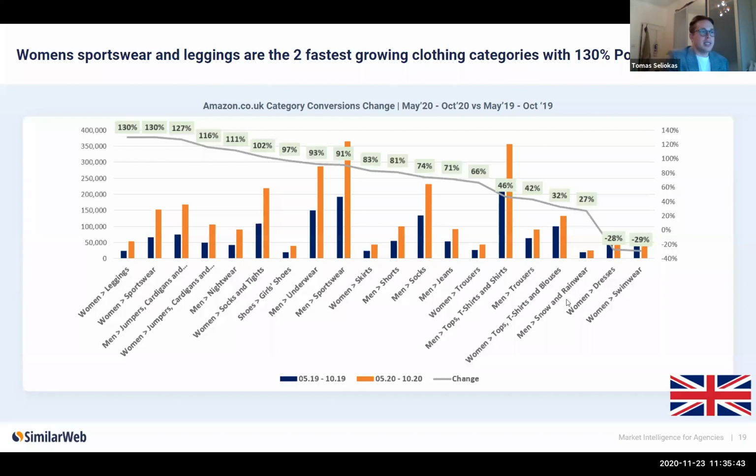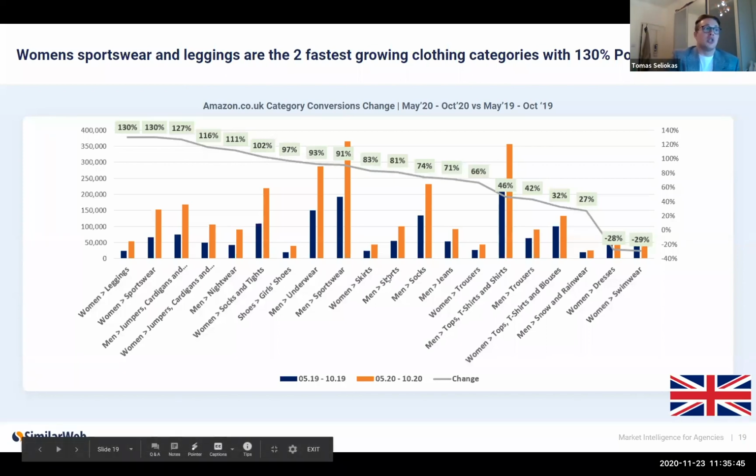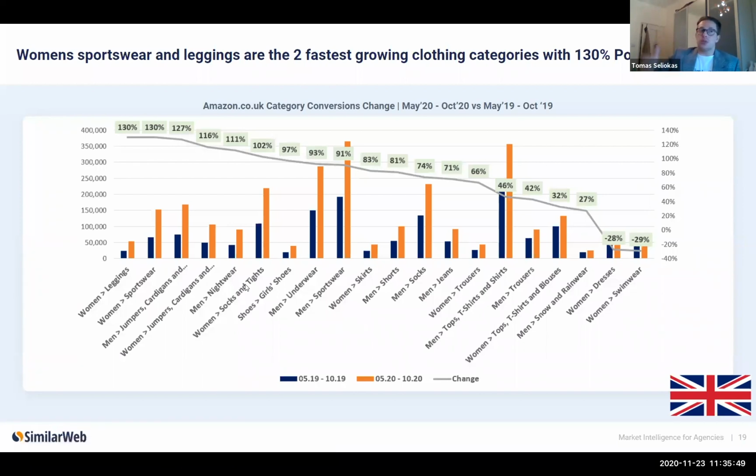And what I've done is compared the last 6 months to the same 6 months last year. So again, we're doing the same period-over-period comparison, and we're looking at the increase. One of the things you want to tell a client is to focus on growing categories, as categories and demand change quite quickly right now.